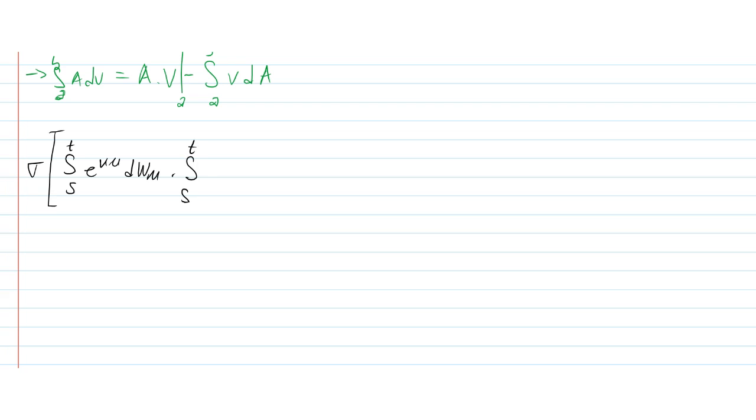This will be our V term, dV, and this will be evaluated on the original limits that we had. S T again, so we're doing this part, and then V again, and then dA.